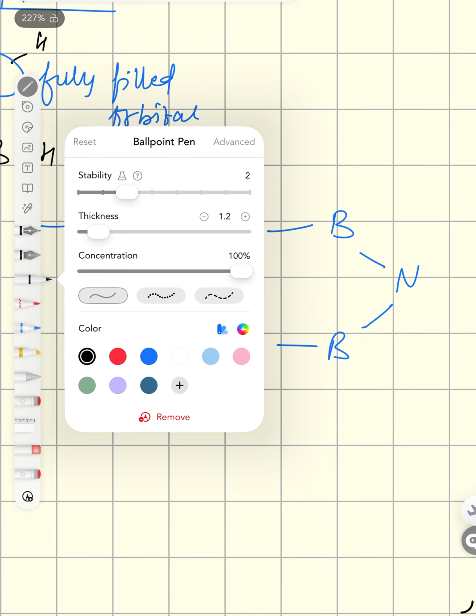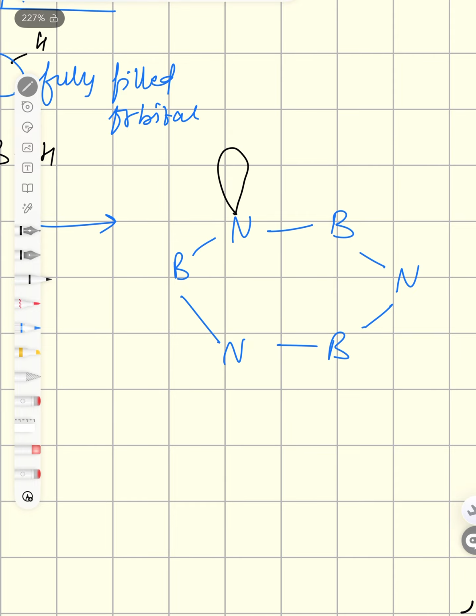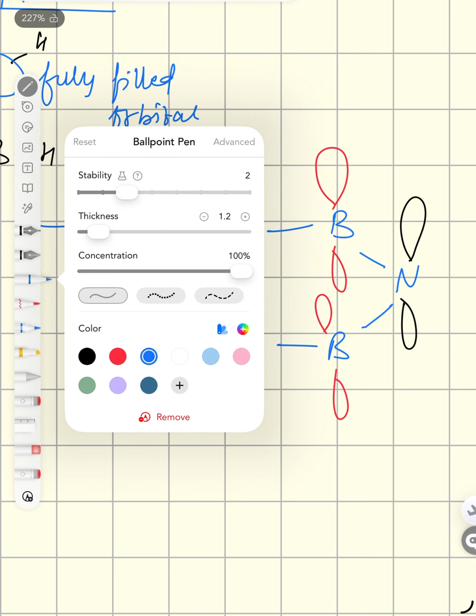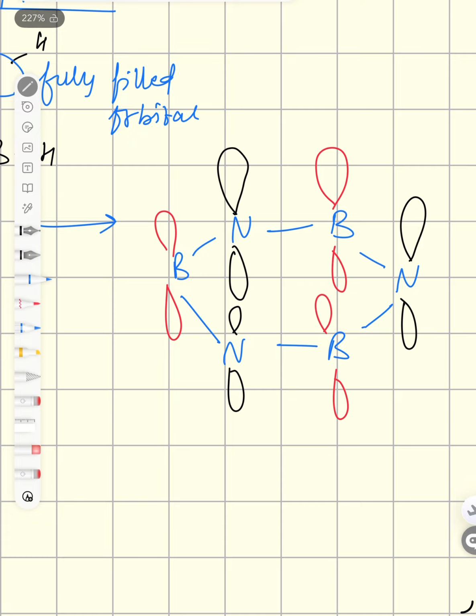Now here, the black marker represents fully filled orbitals of nitrogen, whereas these red ones mark empty orbitals of boron, since boron is electron deficient. Now what happens is, the lone pair from the nitrogen is shared with that of boron.